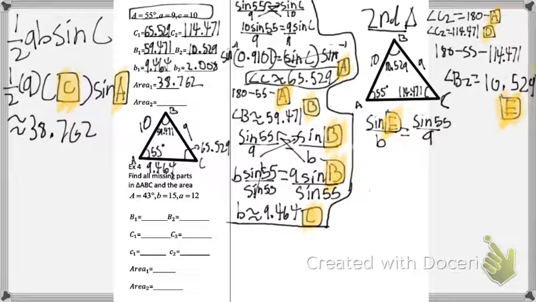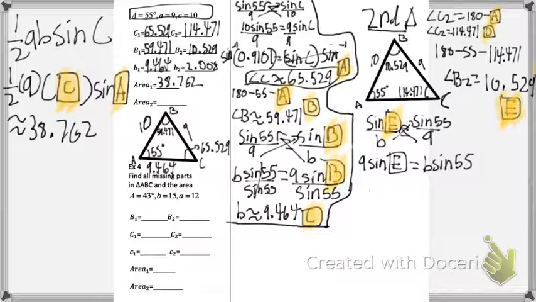I just cross multiplied this and got 9 sine E equals B sine 55.